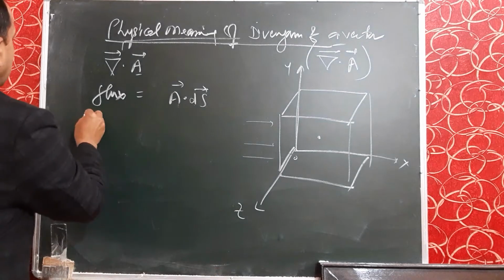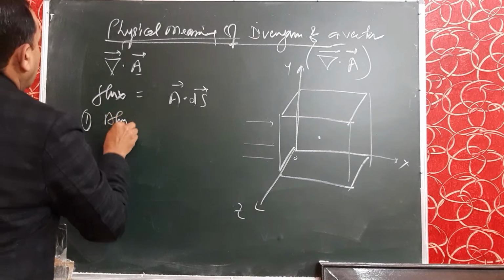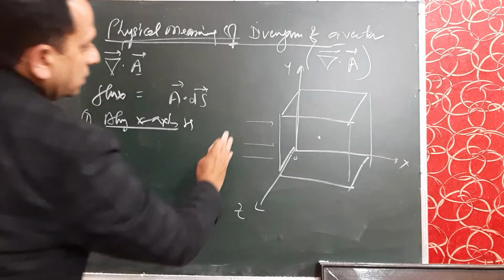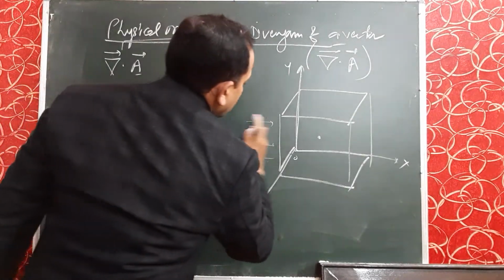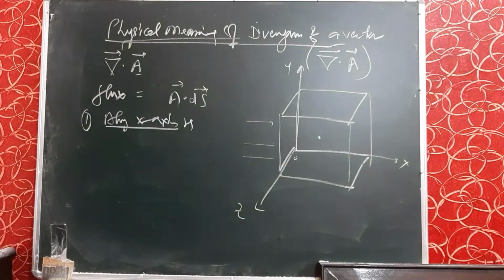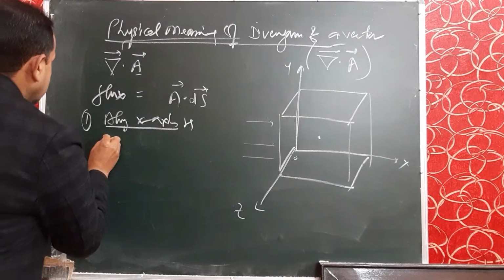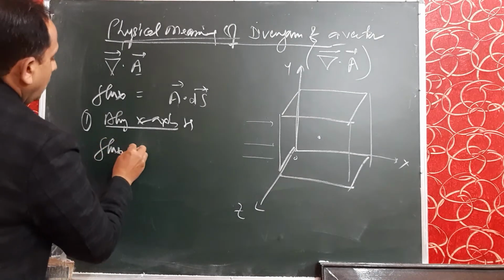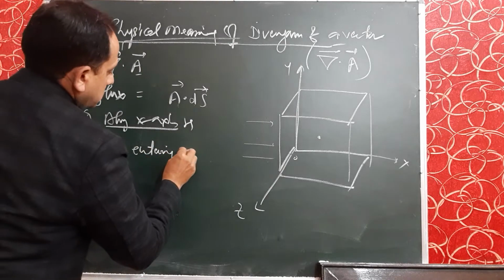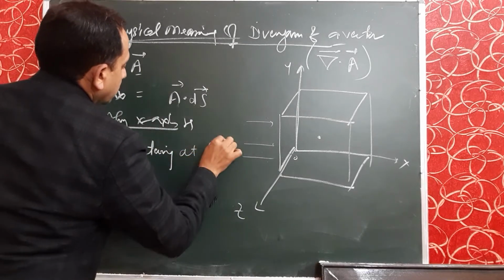The first one is along the x-axis. Along the x-axis means the number of lines entering from this surface and exiting from the second surface, left and right. So, flux entering at the left surface.